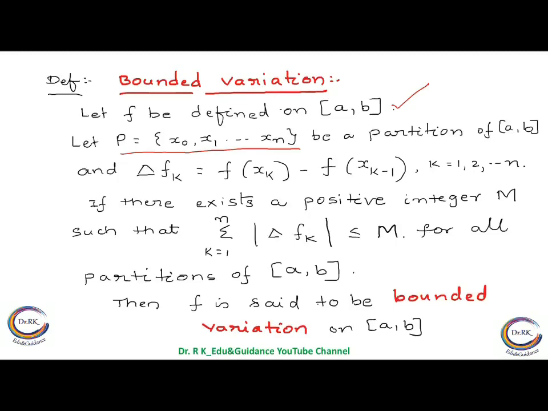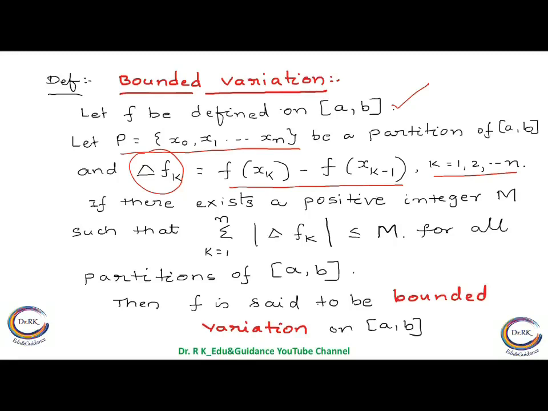And also delta fk, which is defined as f of xk minus f of xk minus 1. That is the difference between the value of the function at x equal to k and the previous point, that is at x equal to k minus 1 for various values of k, that is from 1 to n.